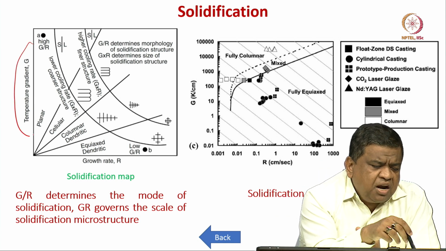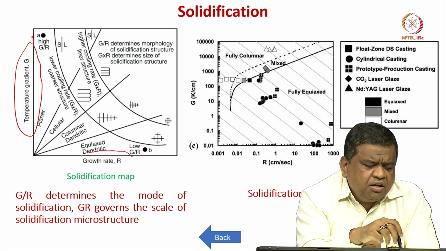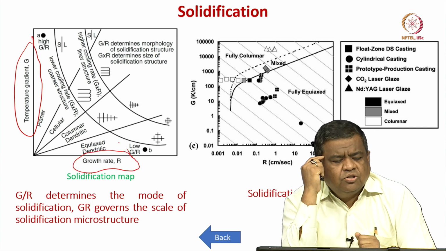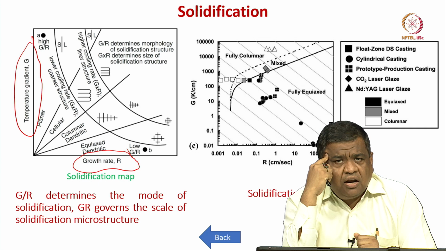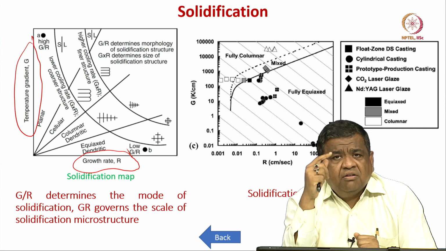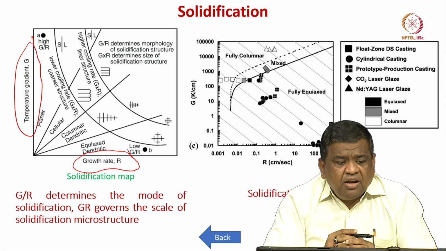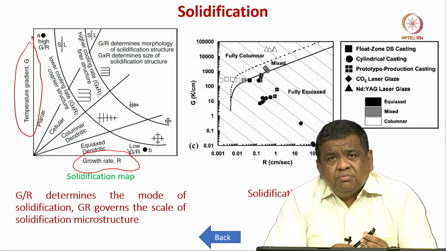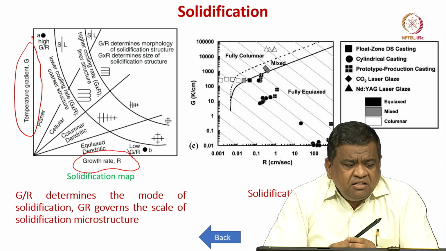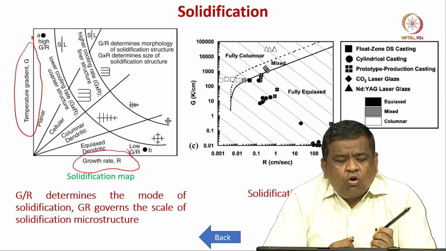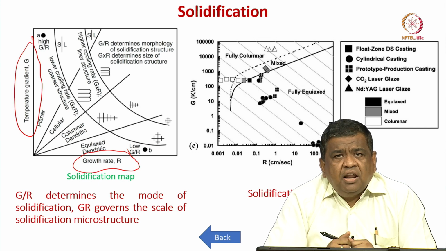One is the temperature gradient G and the other is the growth rate R. Traditionally, for any microstructure generated as a result of solidification, the characteristics of the microstructure largely depend on the combination of G and R values.